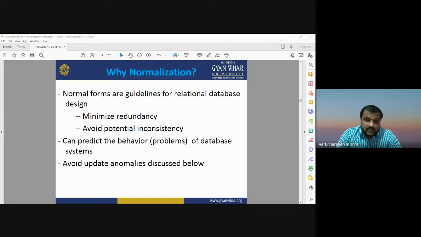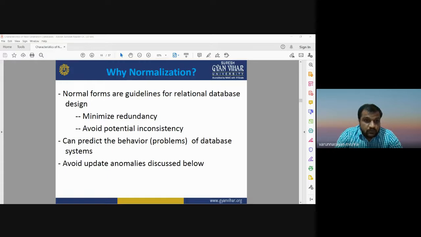As we know that in some cases there may be data redundancy. So data redundancy should be minimized by applying the normalization process, and this process also helps to avoid some potential inconsistencies in our database.